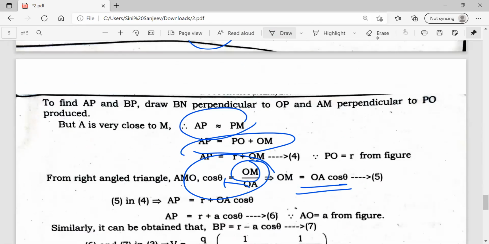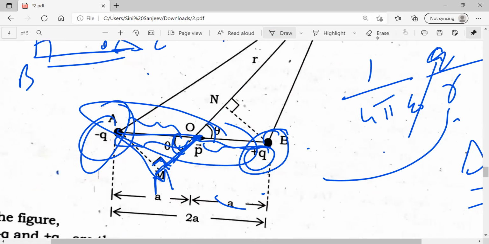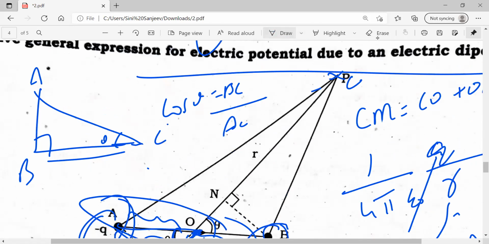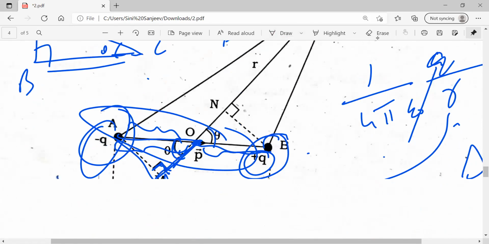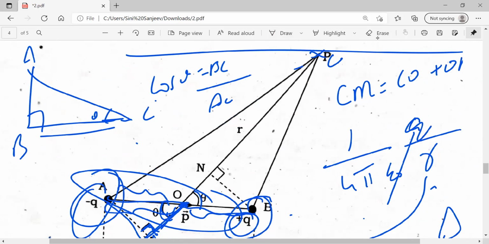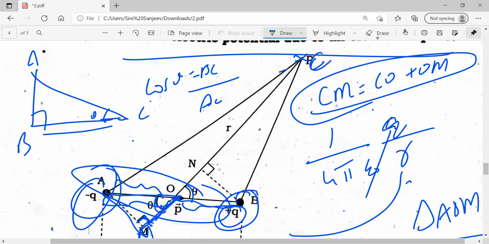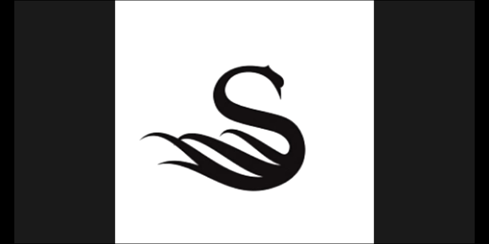First of all, it's a mistake in this particular book. AP is equal to PO plus OM. They have taken this point as P, whereas I have taken C, because the triangle is A, B, and C. CM is nothing but CO plus OM, the same thing.